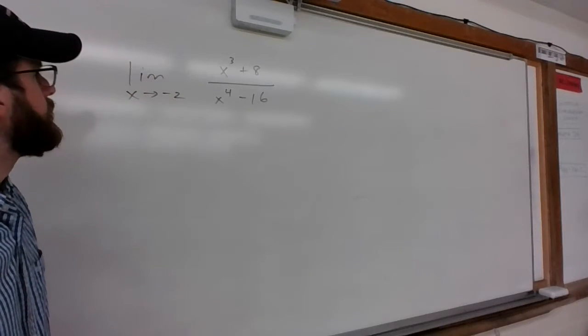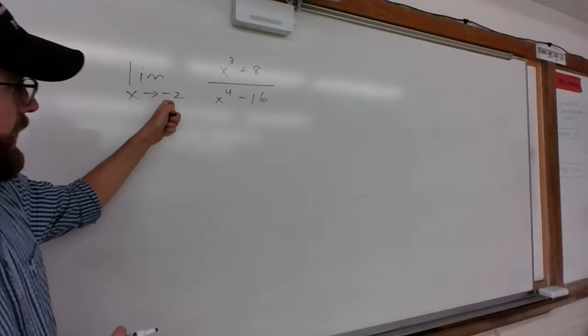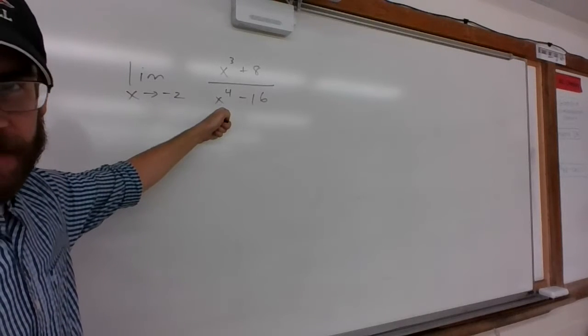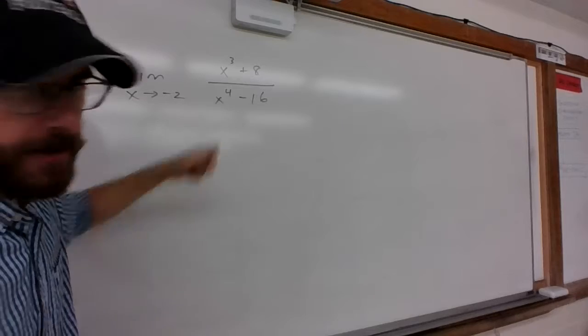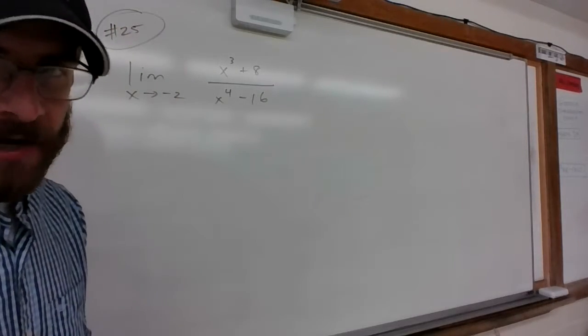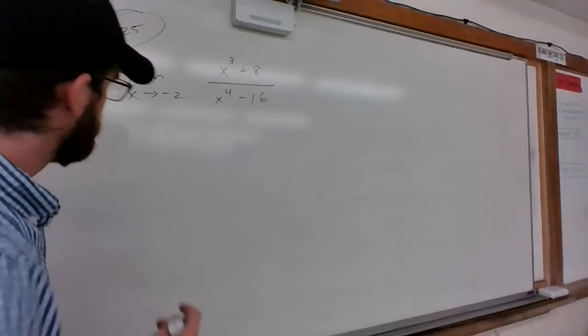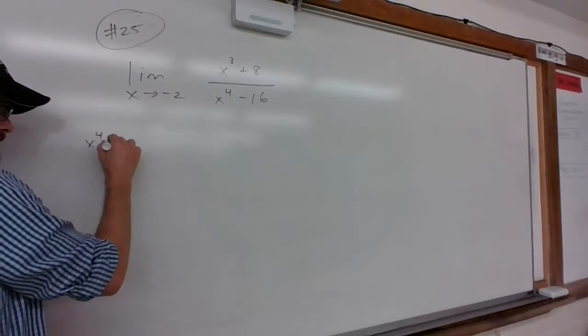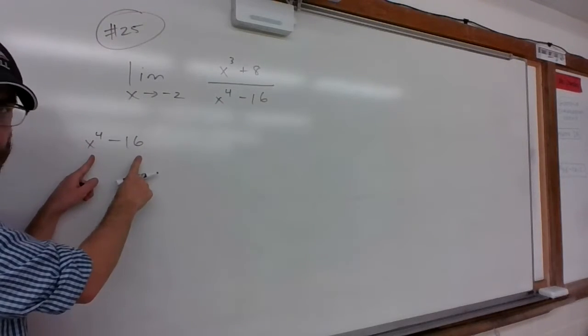Alrighty. So we've got a domain issue instantly. If I plug negative 2 to the 4th power in there, it zeroes out the bottom. So I got to think factoring. This is a difference of two perfect squares.